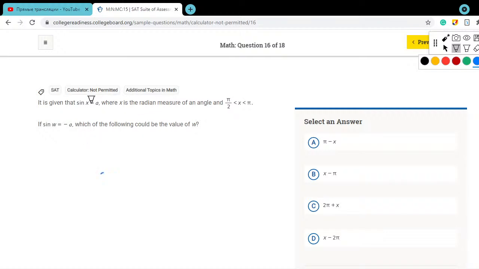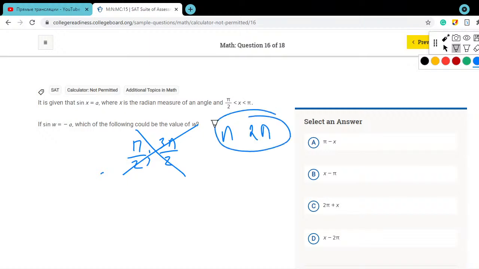We see that the name didn't change, so it's probably again not about pi over 2 or 3pi over 2, it's about pi or 2pi. And guys, if you add or do something with 2pi, this one does not change.